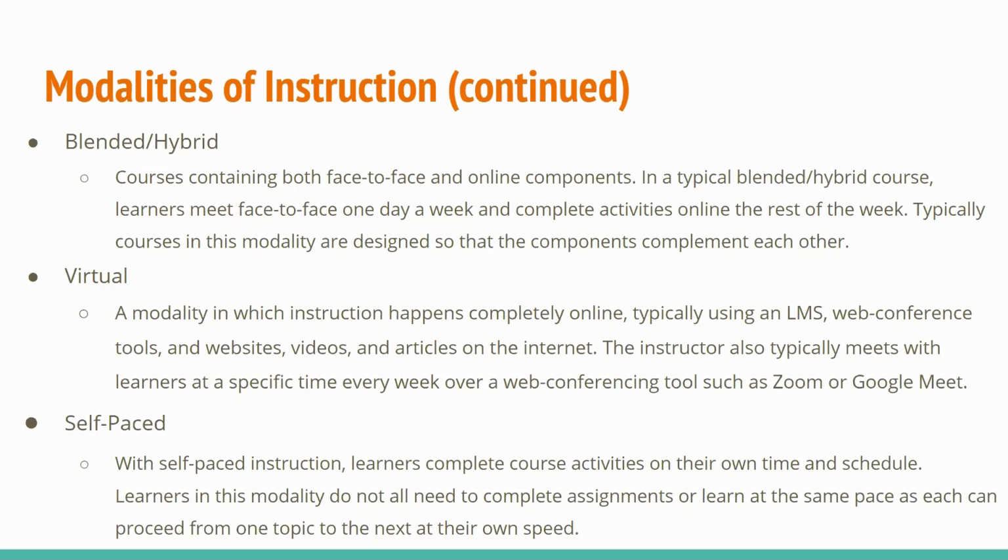Typically, blended and hybrid courses are designed so that these components complement each other. So for example, students may start a discussion in their face-to-face class and continue that same discussion online through discussion forums or other online methods.